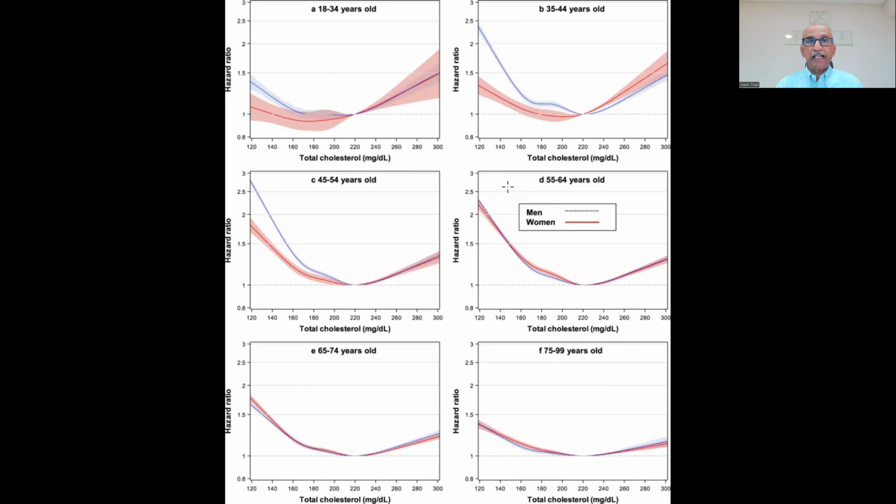Now, it doesn't mean that total cholesterol more than 220 is going to increase the cardiovascular risk by itself. There are many factors at play, as I said, and the scientific literature independently says that more than 70% of heart attack events happen when you have a normal cholesterol, so under 200 milligrams per deciliter.